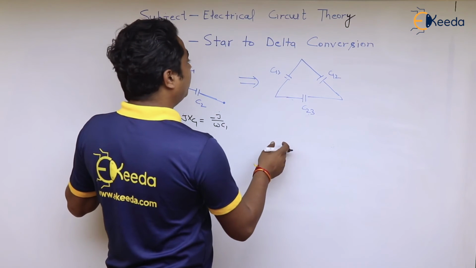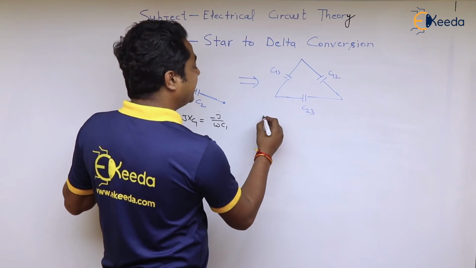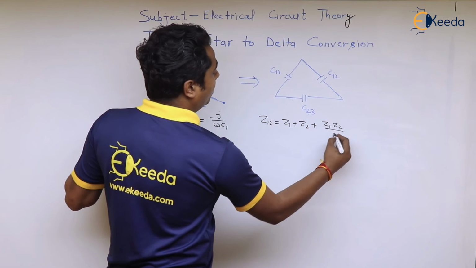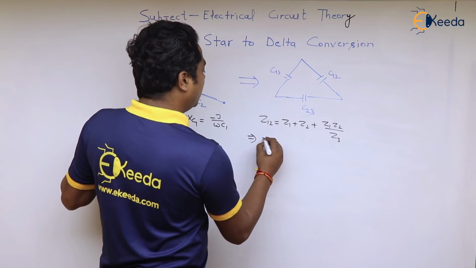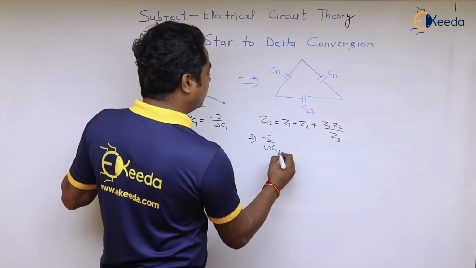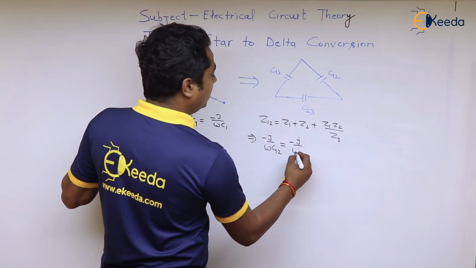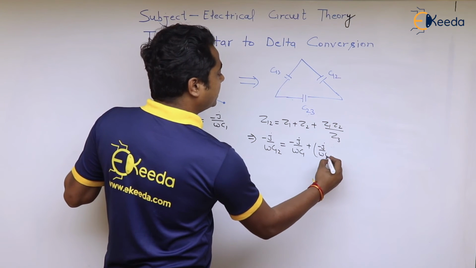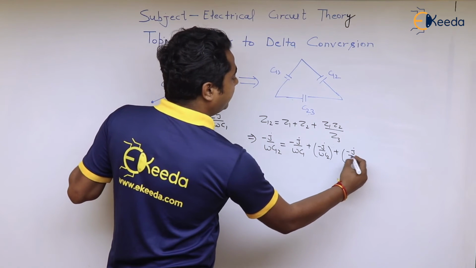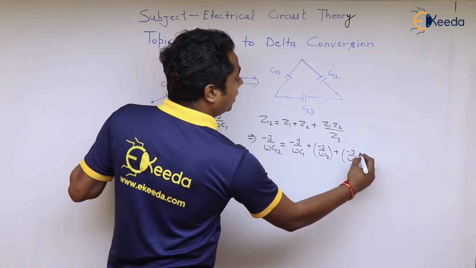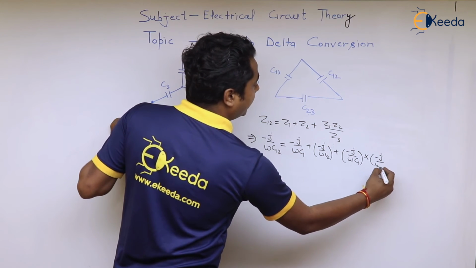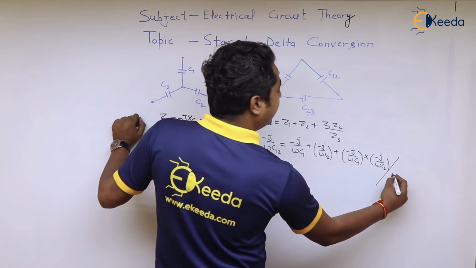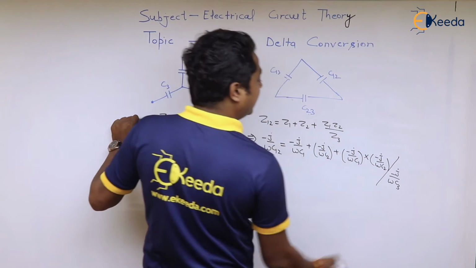And we know the formula of star to delta conversion in terms of impedance. Z12 will be equal to Z1 plus Z2 plus Z1 Z2 upon Z3. Putting all this value, minus J upon omega C12 will be equal to minus J upon omega C1 plus minus J upon omega C2 plus minus J upon omega C1 into minus J upon omega C2, total divided by minus J upon omega C3.